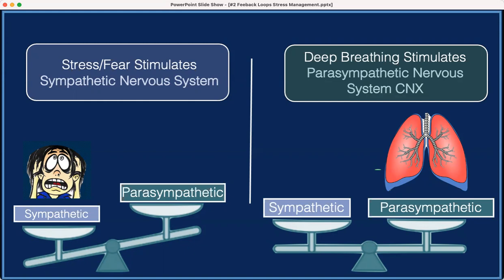Remember, cranial nerve 10 is the wandering nerve, which innervates multiple organ systems, but for this it innervates the heart and the lungs. When you take huge, deep breaths, it stimulates the parasympathetic nervous system, and that balances out the sympathetic nervous system and brings you back into balance.